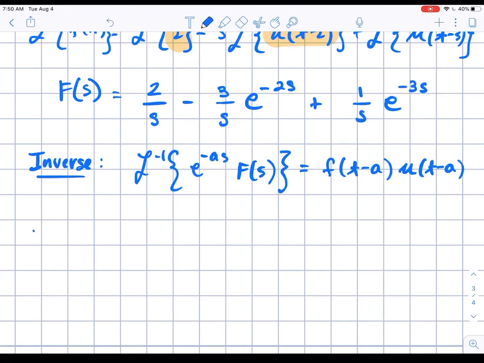So if you have something that looks like this, 1 over s minus 4 times e to the negative 2s.